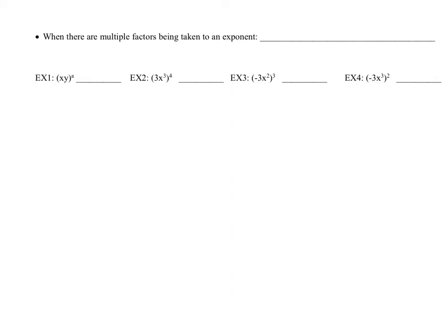So what I say here is apply the exponents to all factors. And factors are things that are being multiplied together, numbers, variables, symbols. Okay, so in example 1, xy to the a, that would just be x to the a power times y to the a power. Done.